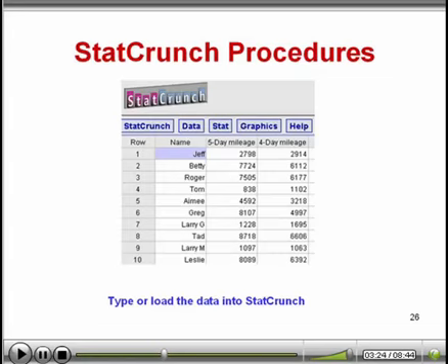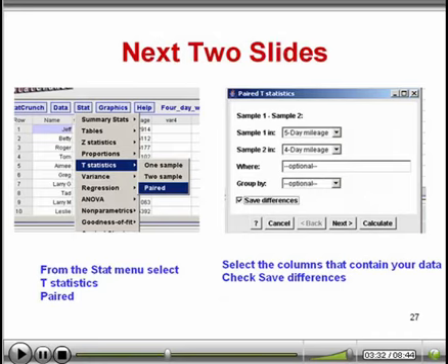Rather than perform the t-test by hand, we will load the data or type the data into StatCrunch. From the Stat menu, we choose the paired t-test and then specify that the data is in columns labeled 5-day mileage and 4-day mileage. Notice I have checked off the box that says Save Differences.